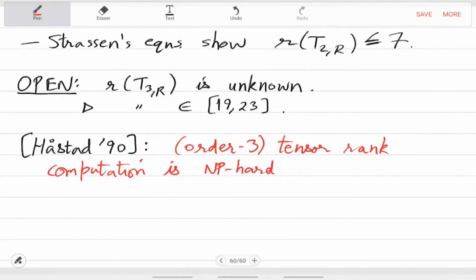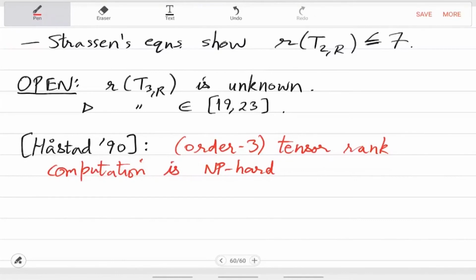So if you are looking at a general order 3 tensor, which means it has n variables, then as n grows, this is an NP hard problem. Okay, so in general you can never solve it in a reasonable amount of time.